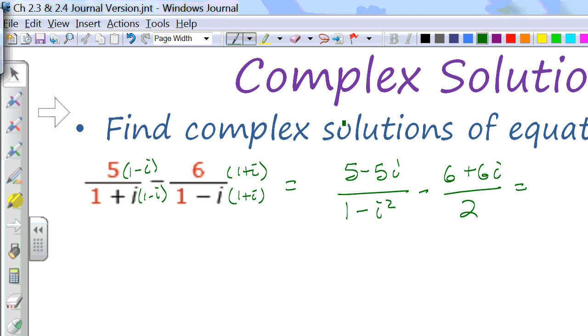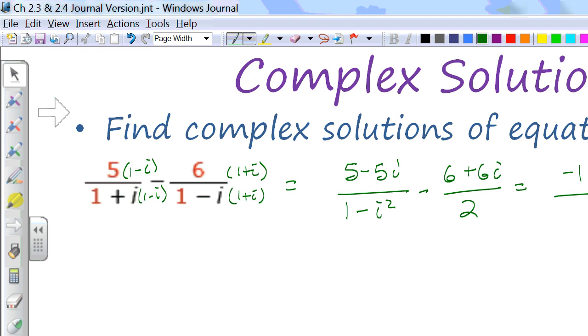All right, so now I have negative 5 minus 6, minus 11, negative 12 over 2, which is negative 6. That's a complex solution. Well, there you go.